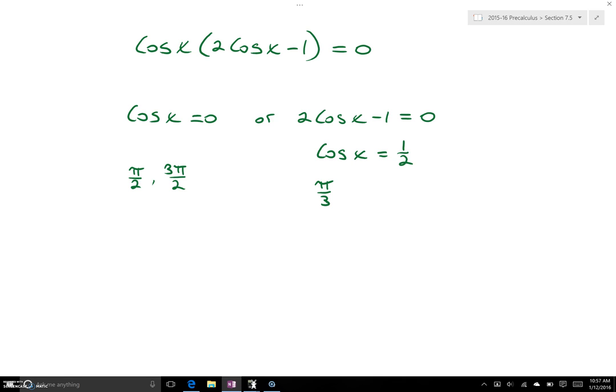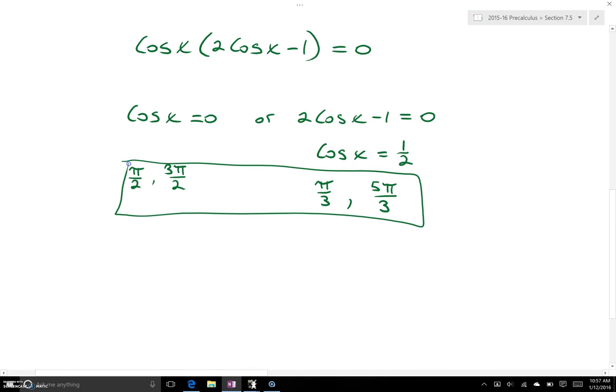But since they wanted it between 0 and 2 pi, we'll just be 60 degrees shy of 2 pi. So that's going to be 5 pi over 3. And that's going to end up being our 4 answers. So we'll use all 4 of those as our answers, since those are the ones between 0 and 2 pi.